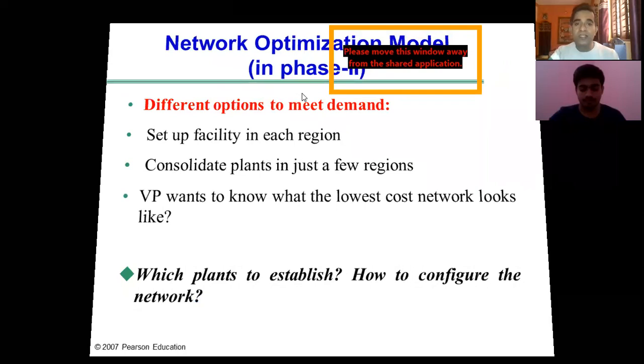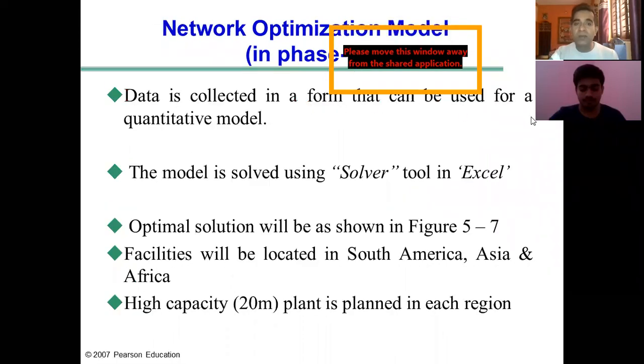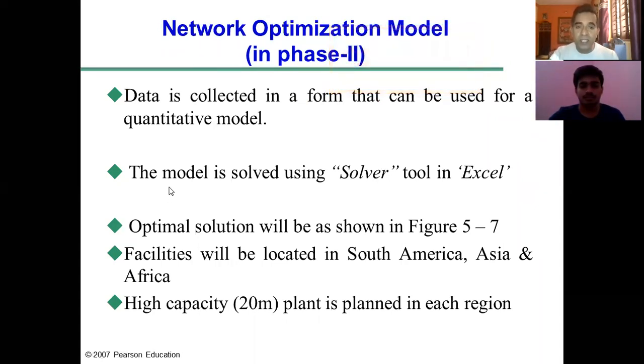Now data is collected in a form that can be used for a quantitative model. The model is solved using the solver tool in Excel. Nowadays better software is also available for the same decisions, but in our textbook, we are learning the network optimization model solved through the solver tool in Excel.